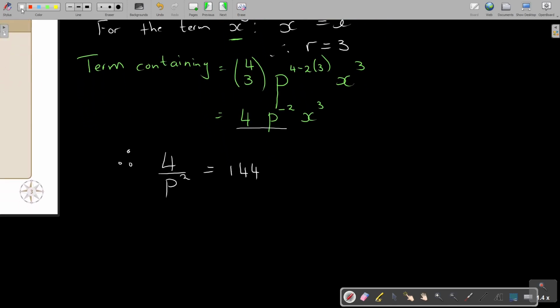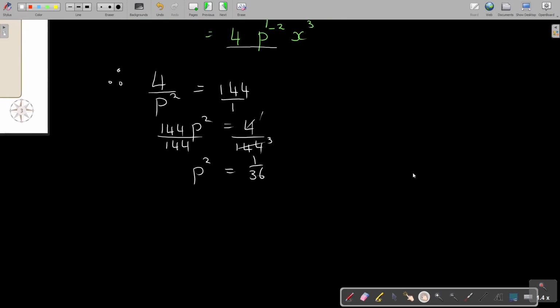And then I can cross multiply, and if I cross multiply, I get 144 p squared, and that's equal to 4. So I divide 144, I divide 144. So I get p squared, and that is going to be, 4 can go in 1, it goes in 36, it's 1 over 36.